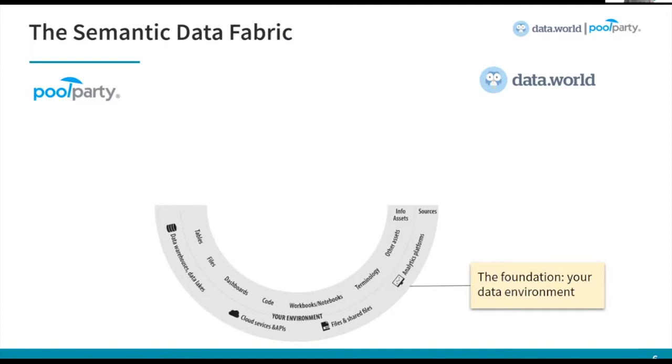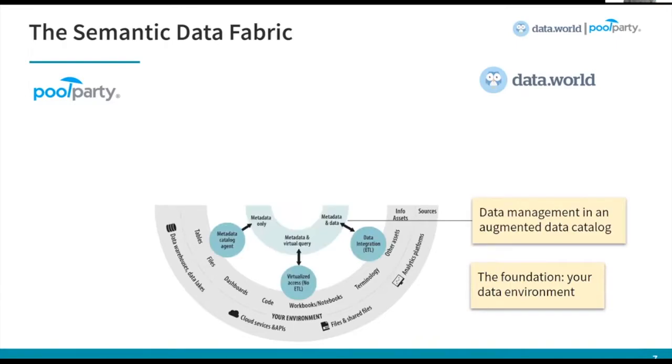This can include data sources, such as data warehouses and data lakes, as mentioned before, web services and APIs, file shares, knowledge bases, and analytics and data visualization platforms. There are several components that an active data catalog building toward a semantic data fabric on top of that data foundation will bring.